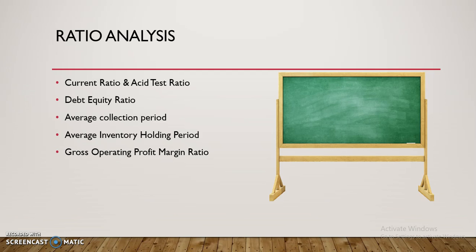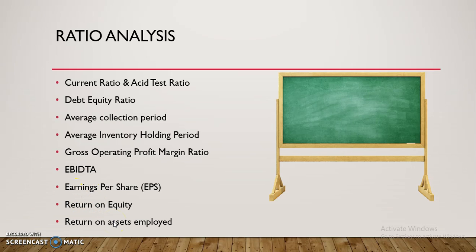Then the gross operating profit margin ratio, and EBITDA, the comparison versus gross operating margin, and earnings before interest, depreciation, taxes and amortization. Then earnings per share, and then we will look at the return on equity and finally return on assets.